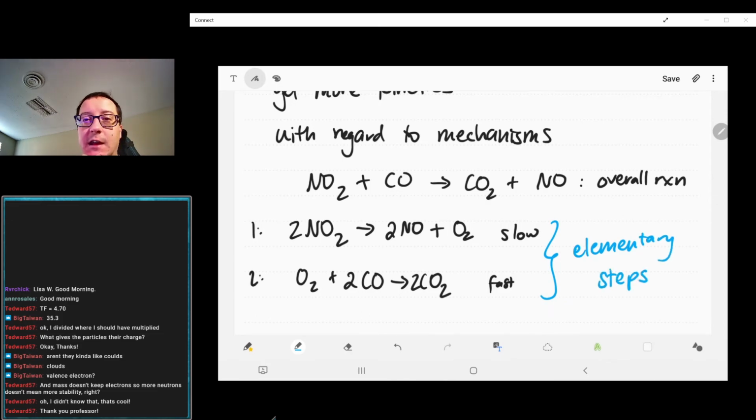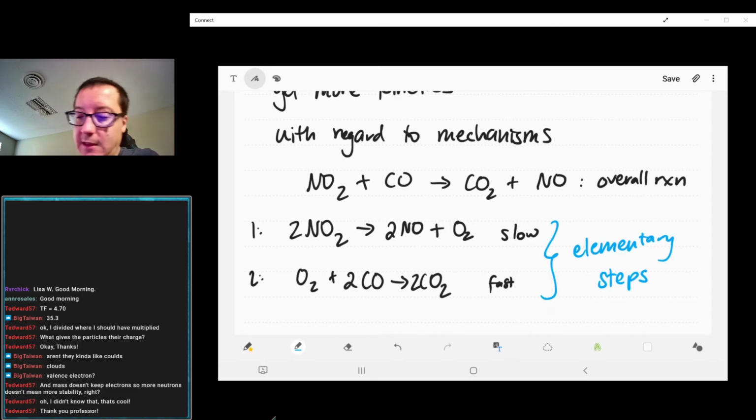And so these are just each individual step in the reaction as it's happening, step by step. Whereas overall, you may have a whole bunch of different steps happening. If we look at just one step at a time, that's called an elementary step or an elementary reaction.